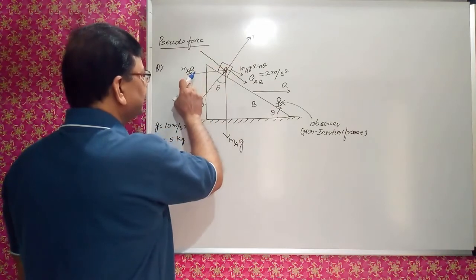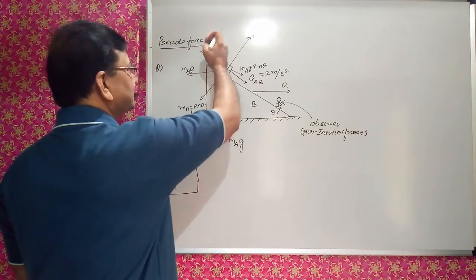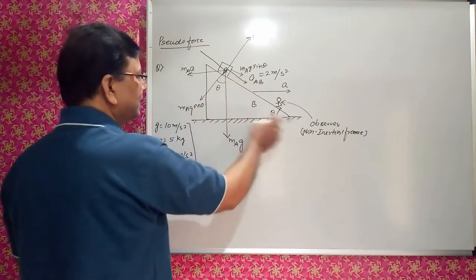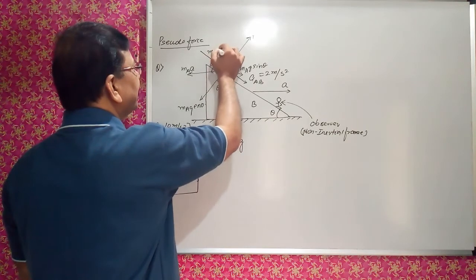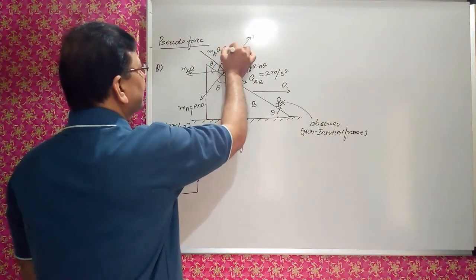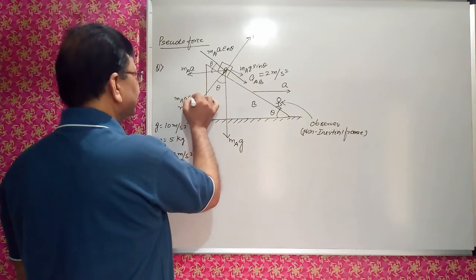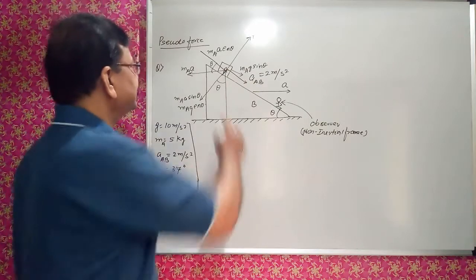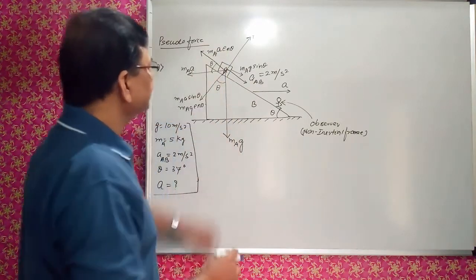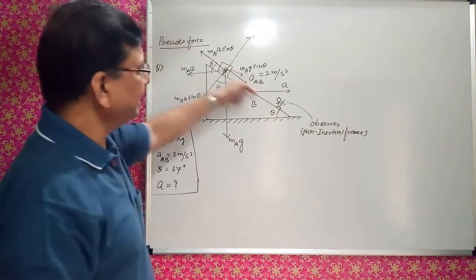Similarly, for this pseudo force, one component will act along the incline and another perpendicular to it. So this is theta, this will also be theta, that is mAa cos theta and mAa sin theta. Since the acceleration along the incline is needed, we are concerned with the forces acting along this plane, right?